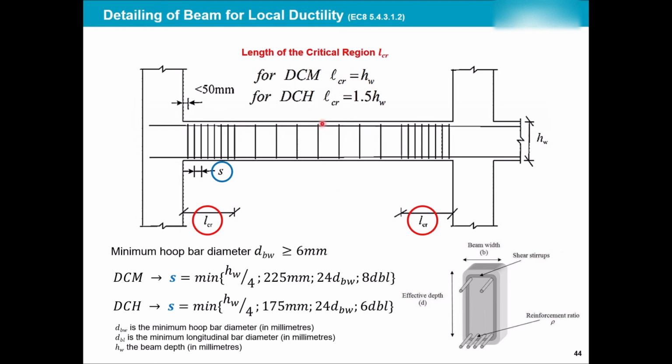So you have different spacings in the middle, and much denser spacing of these hoops when you get closer to the connection of the beam to the column. All of these are to make sure that plastic hinges are shifted away from the column and happen inside the beam.